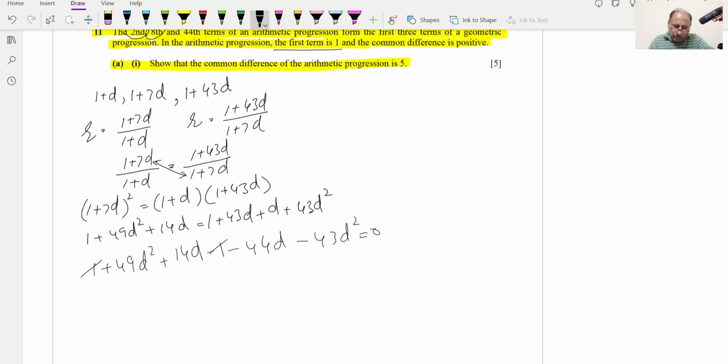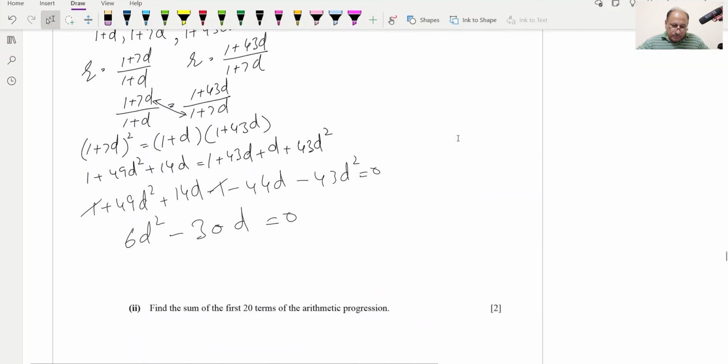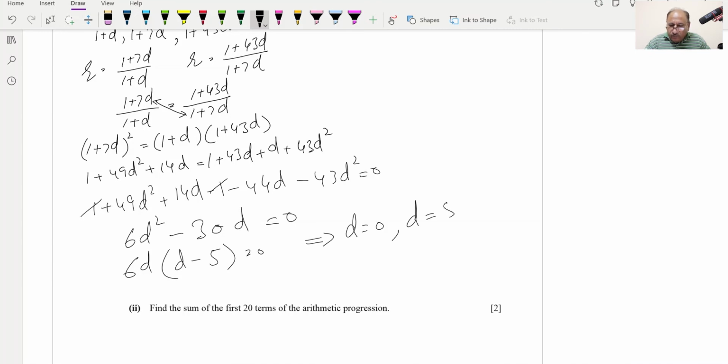Now the plus 1 minus 1 will be gone, and the d squared terms will simplify, and we will get 6d squared, and 44 minus 14 will be 30, so minus 30d, and this is equal to 0. Hopefully you are understanding each and everything. Now we can take 6d common and factorize, so it will be d minus 5 equal to 0, and this implies d is equal to 0 and d is equal to 5.